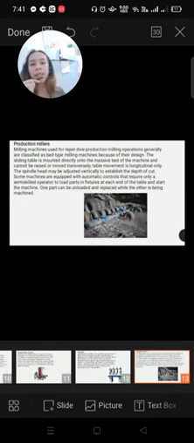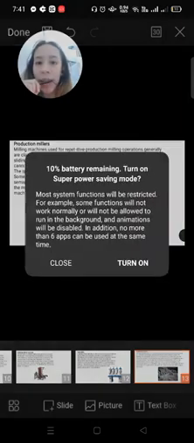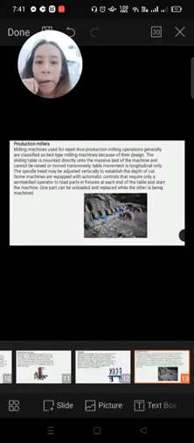So next is production millers, which are milling machines used for repetitive production milling operations. Generally they are classified as bed type milling machines because of their design. The sliding table is mounted directly on the massive bed of the machine and cannot be raised or moved transversely.